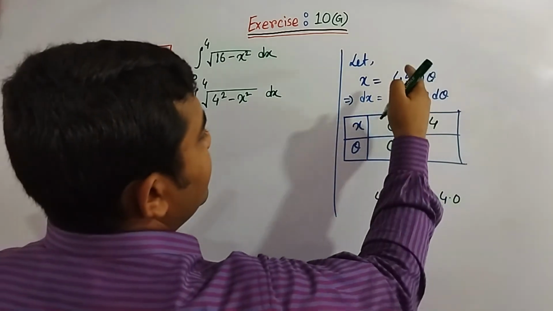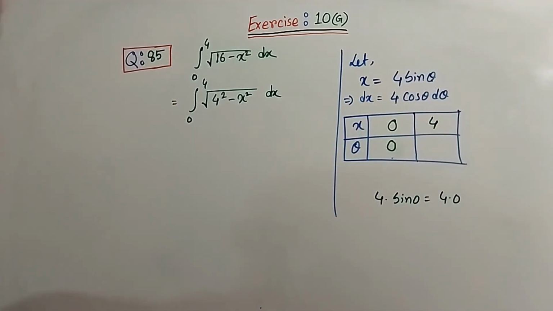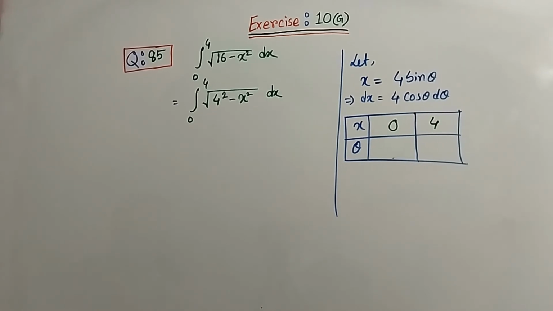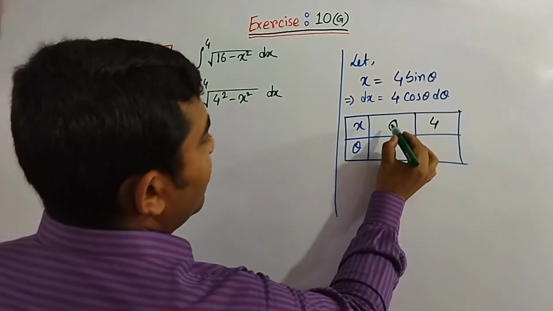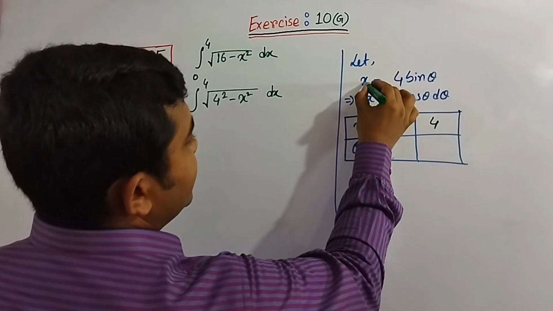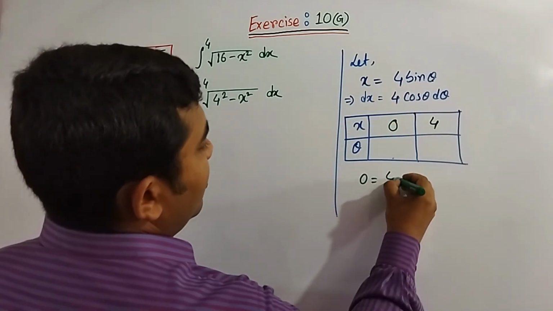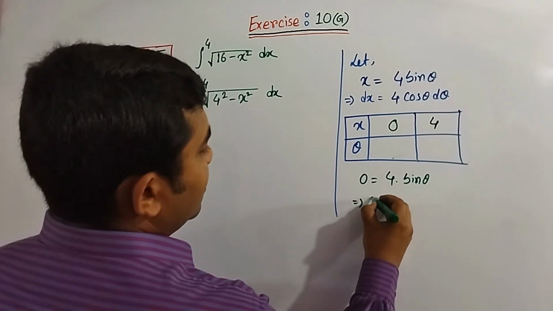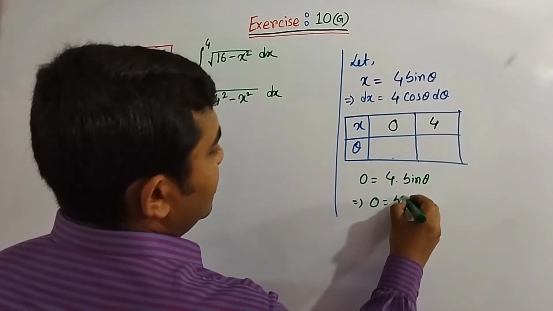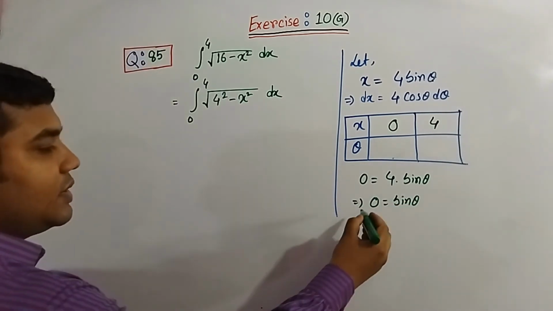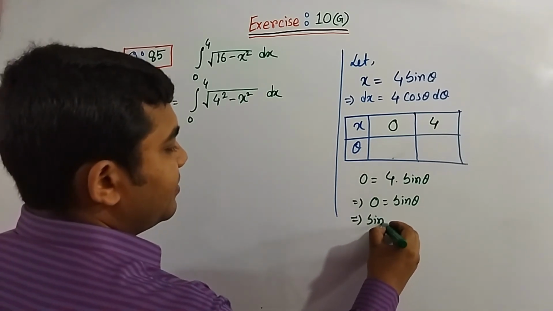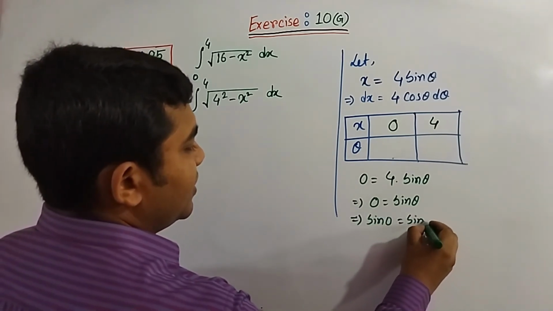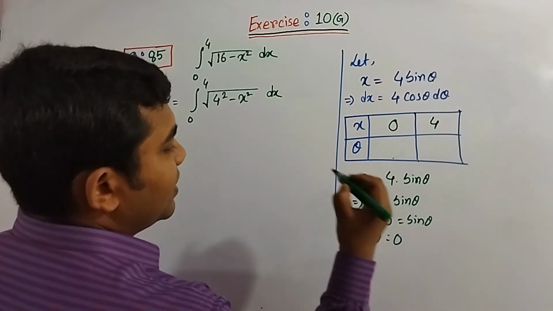Here we have to put the value of 0 in place of x, so 0 equals 4 sine theta, so 0 equals sine theta, and we know sine 0 is 0, so theta should be 0.